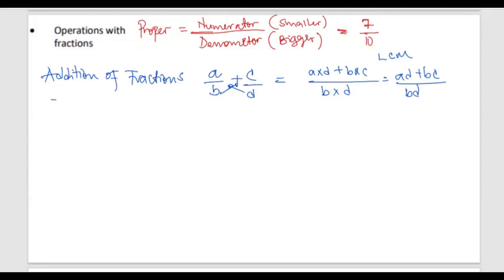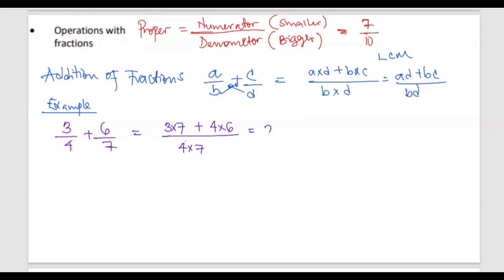An example in addition of fractions, let's say 3 over 4 plus 6 over 7. We said we multiply the denominators. So the 7 will multiply with the 3 plus the 4 multiplies with the 6.